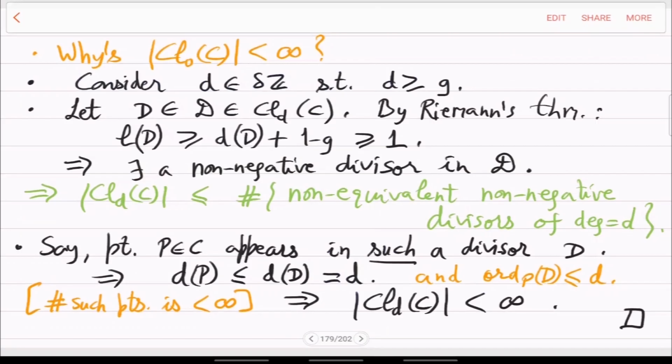Yes, it's actually the number of non-equivalent, non-negative divisors. CL^D has a non-negative divisor, right? It's a non-trivial argument.